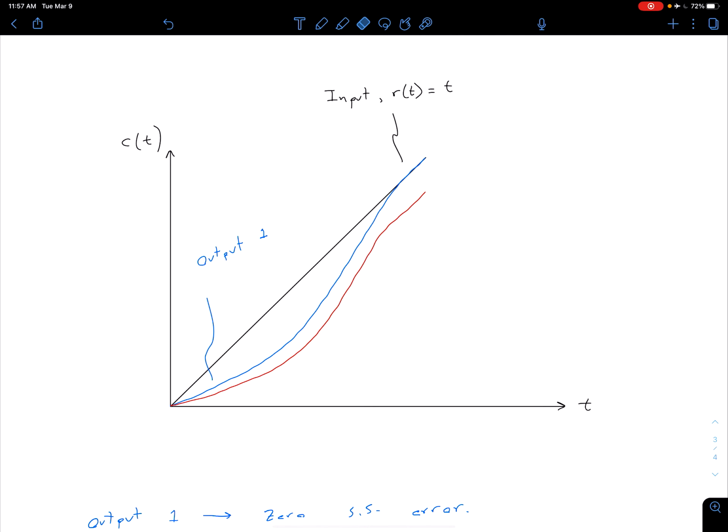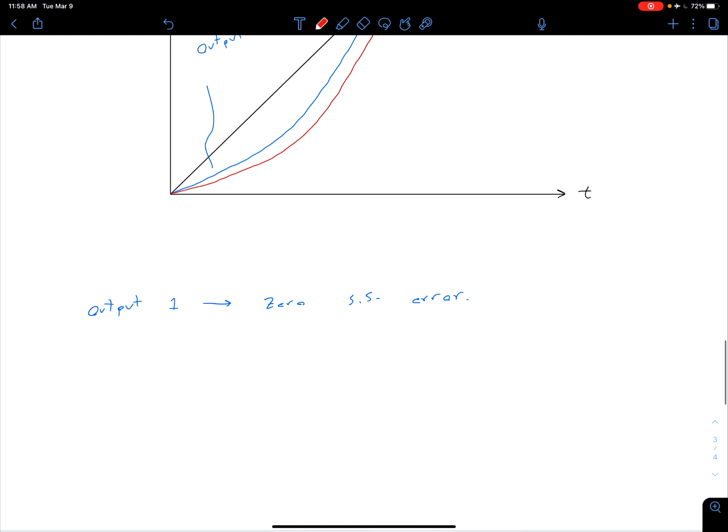And so I want to be at the same point in time so that I can then come in here and say that the difference is going to be our finite steady state error. And so we could say this is E2 of infinity because that's our second output. So let's go ahead and label that as well. So coming over there to our red line, that is our output 2. And so coming down here, let's go ahead and add our notation that output 2 is going to have some finite steady state error.